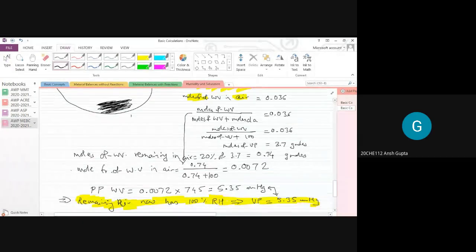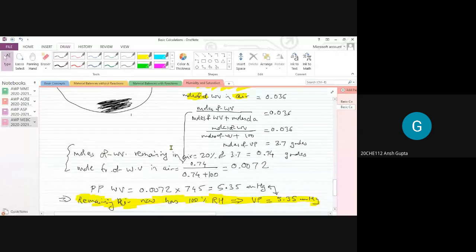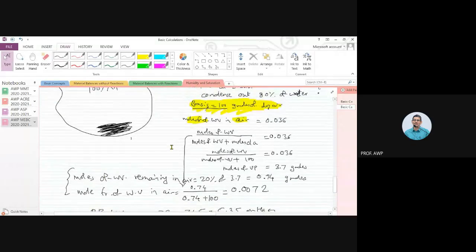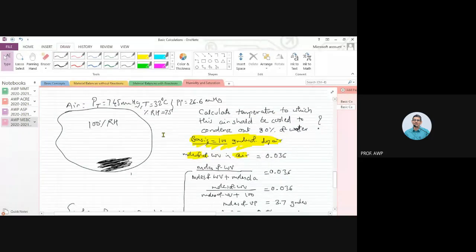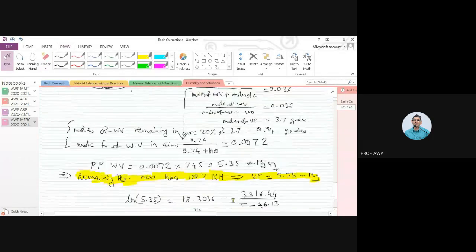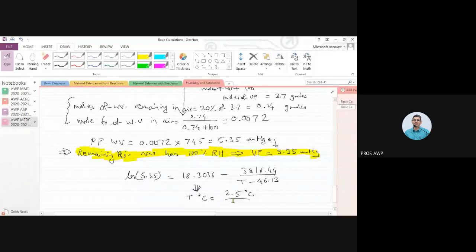The pressure would correspond to mole fraction, but it is generally not a good idea, because something may happen to the remaining air in some other problems. So in general, yes, you can, but let us not do shortcuts of taking 80% of or 20% of 26.6 and all that.